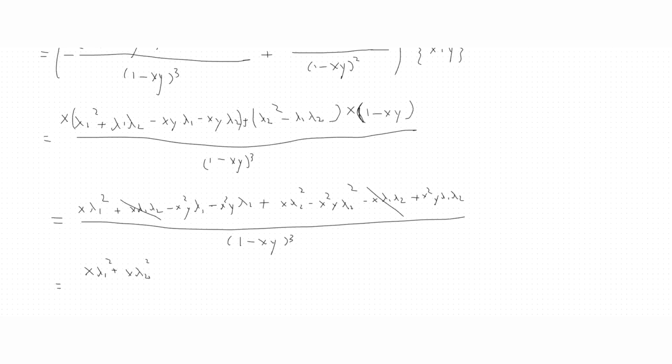So that's this, minus x squared y lambda 1 minus x squared y lambda 2 minus x squared y lambda 2 squared plus x squared y lambda 1 lambda 2.